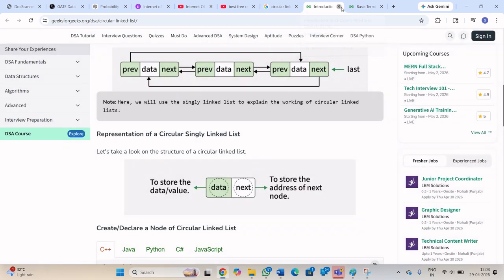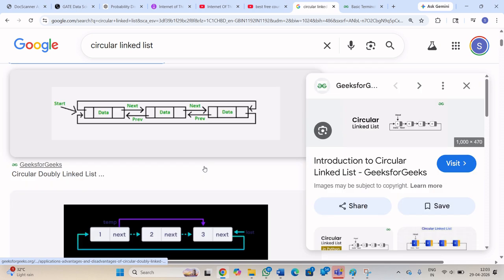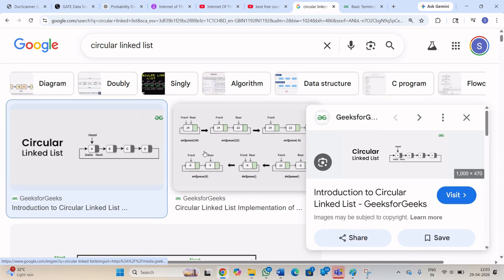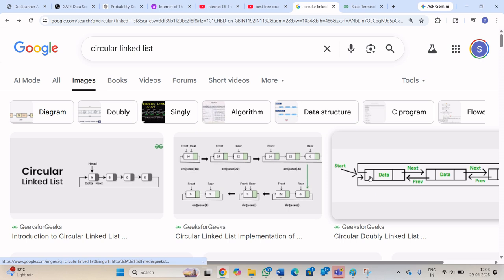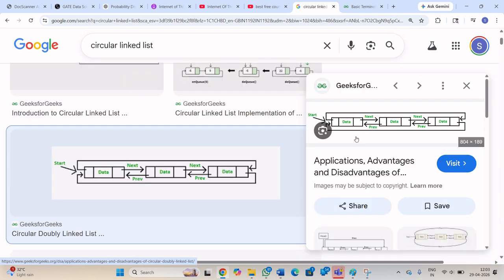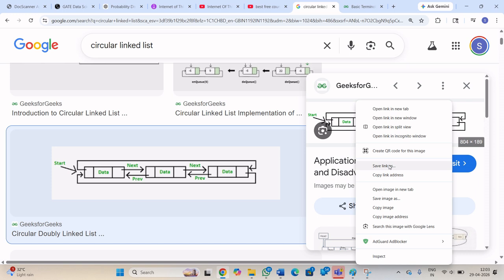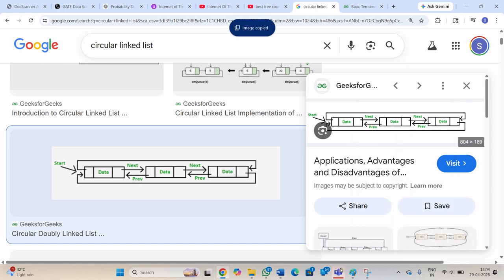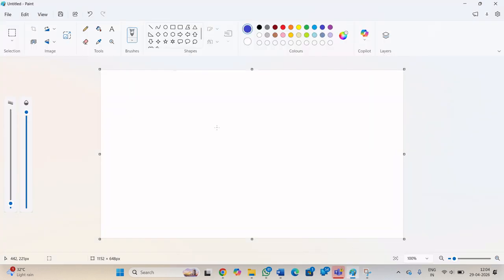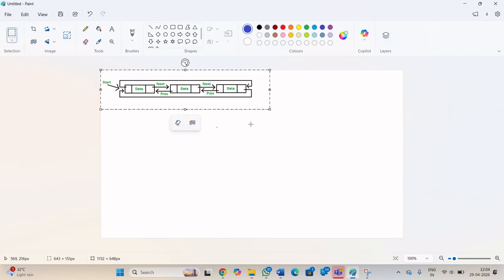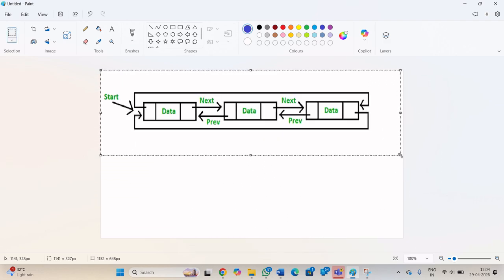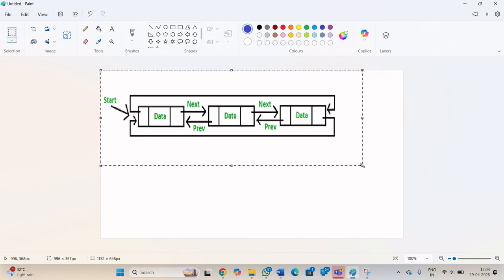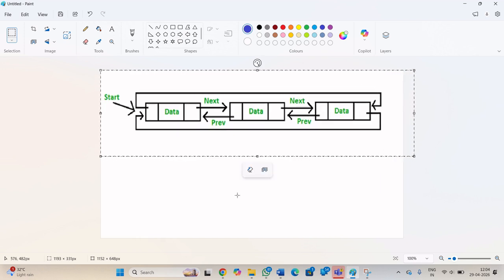I want to give you a good picture of that, so please wait. Okay, I think that's good. That is the picture of a circular linked list.